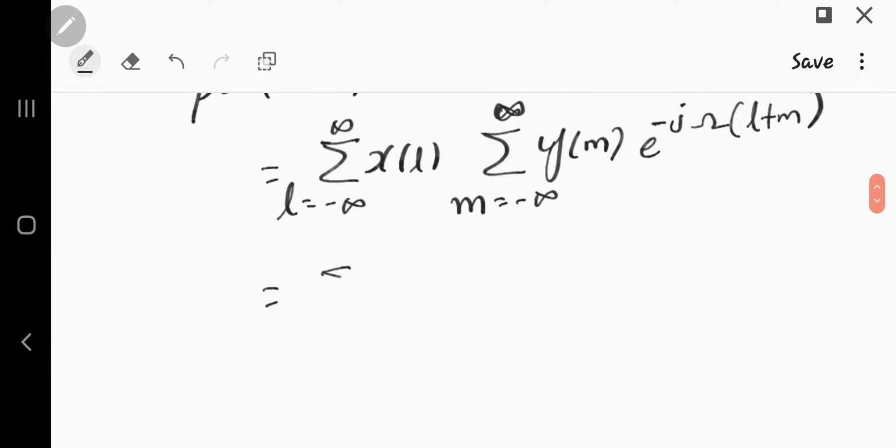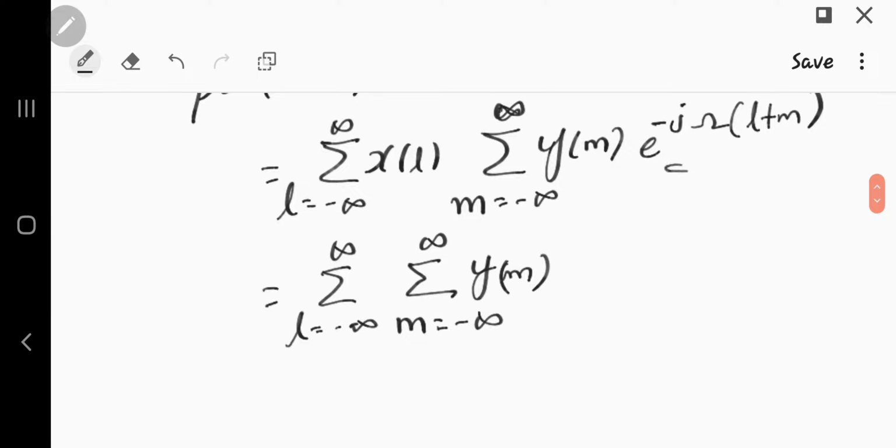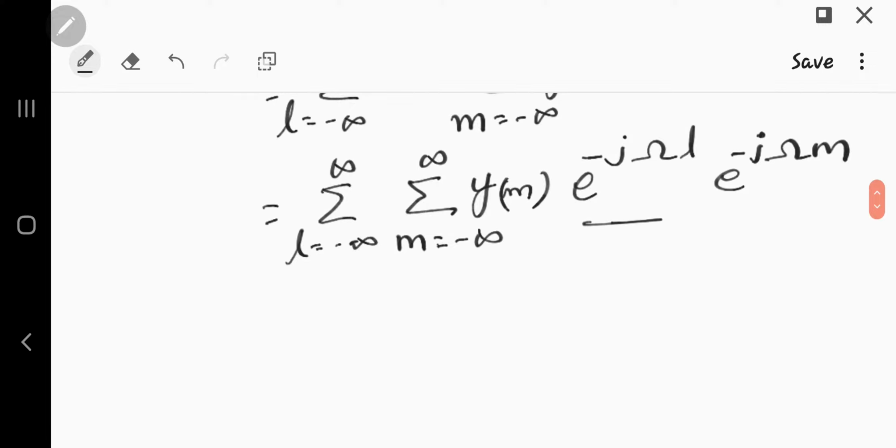Now if you split that, this term e power minus j omega l and e power minus j omega m, this term I will take outside the summation.